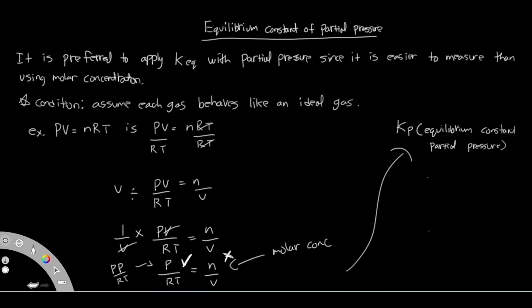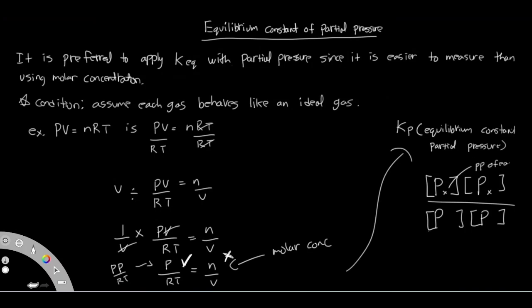So, if we were to look at particular products, again, in the numerator, and particular reactants in the denominator. So if this was partial pressure, partial pressure, instead of molar concentration, let's say we put a variable down here, x and then x, so these variables are going to be representing the partial pressure of each gas. But obviously these are dealing with products.